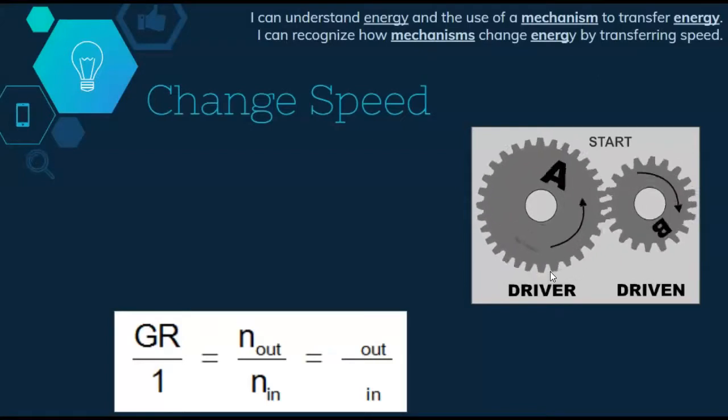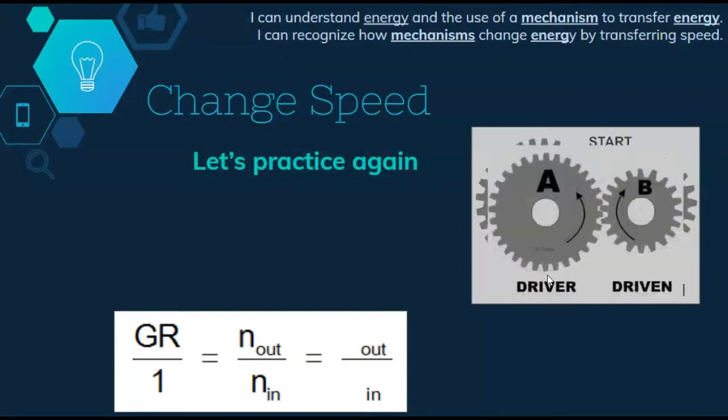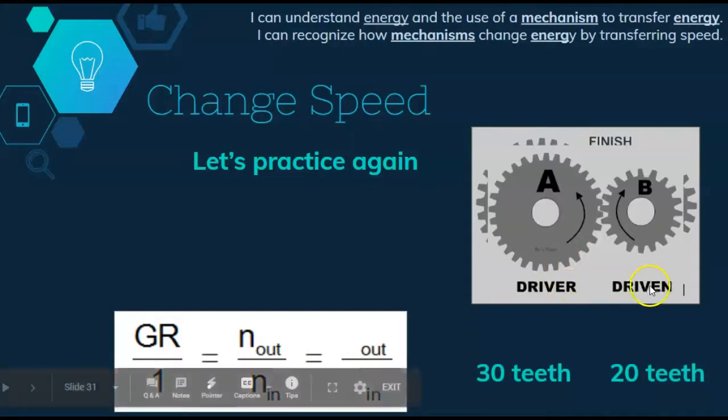Let's try it again. In this mechanism, our simple gear train, we're going to be comparing our teeth. So we have to count them. Don't worry, I counted for you. On our driver gear, we have 30, and on our driven gear, we've got 20.